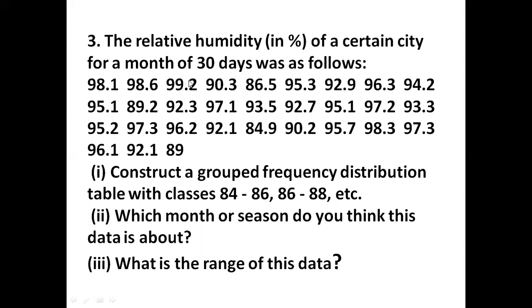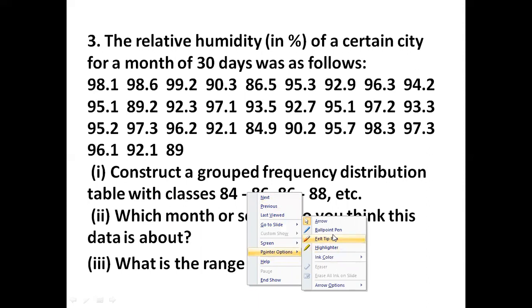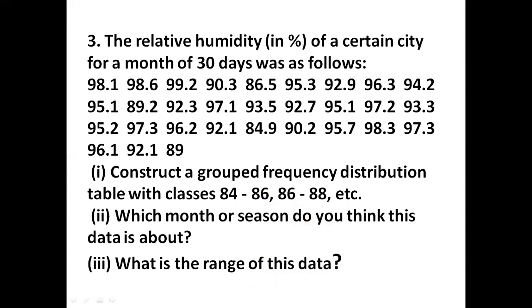So the last one we have to take will be 100 because the class size is 2, since 86 minus 84 is 2 and 88 minus 86 is also 2.